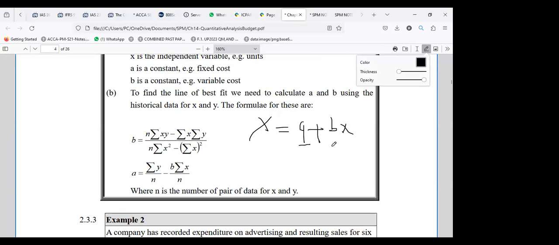A is the fixed cost, B is the variable cost, and Y is total cost. So it assists us in expressing that. B is calculated this way in regression.